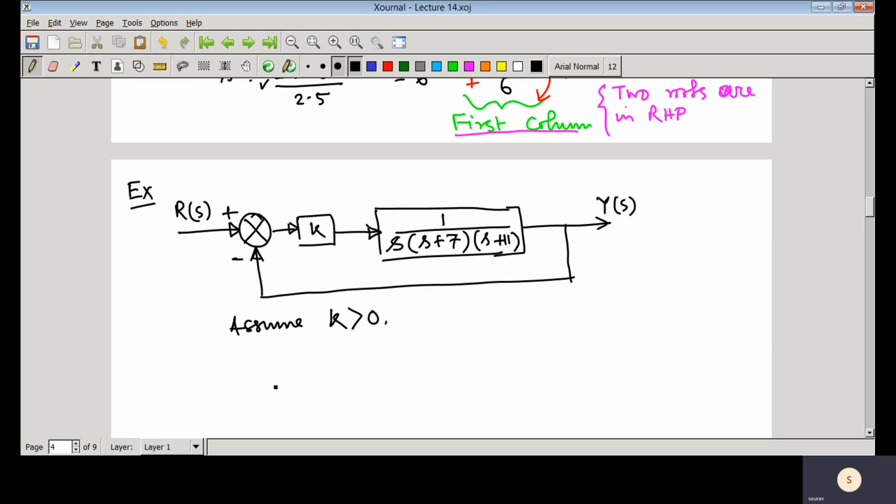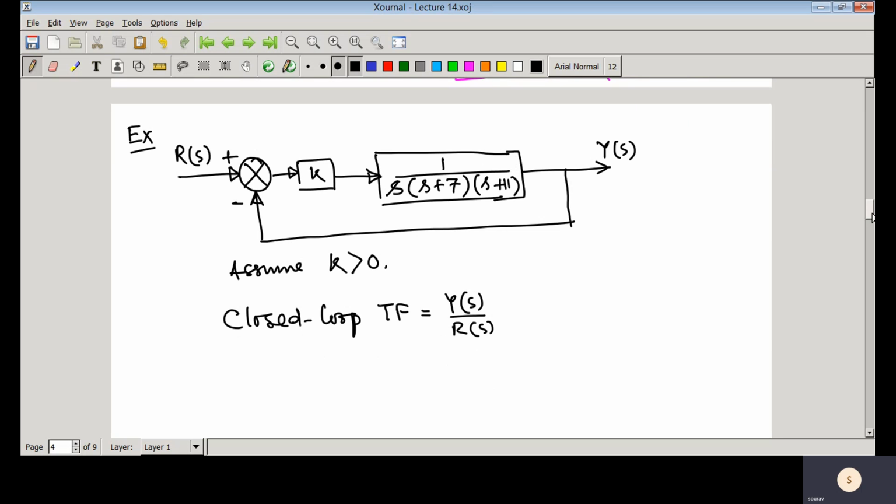So what would be the closed loop transfer function? Closed loop transfer function, that is Y(s) by R(s). So that is actually the forward path transfer function, K divided by s into (s plus 7) into (s plus 11).